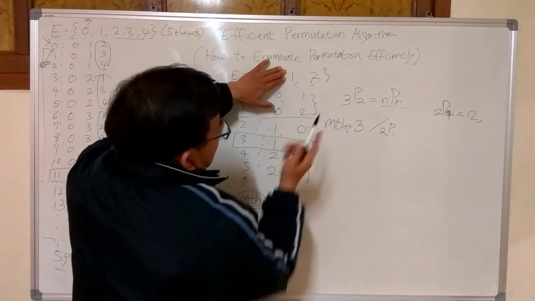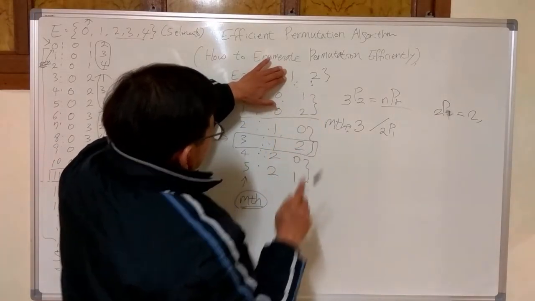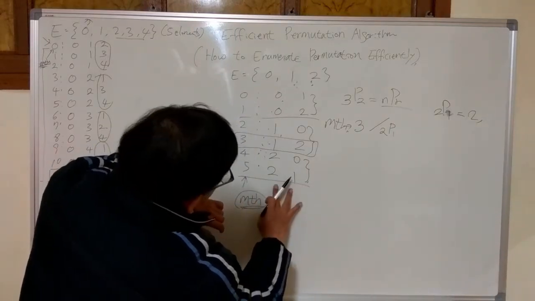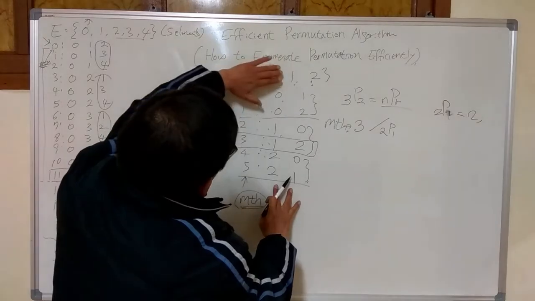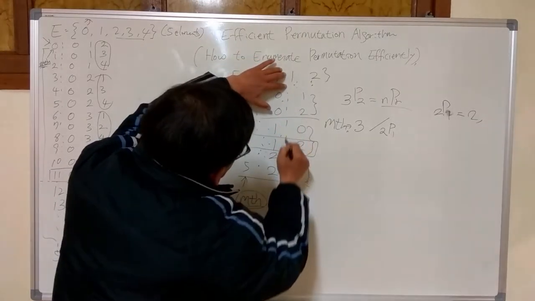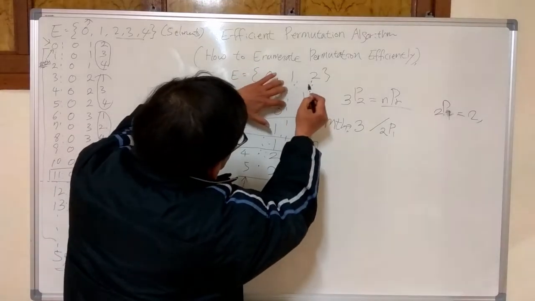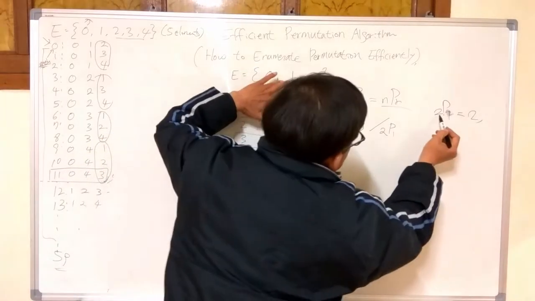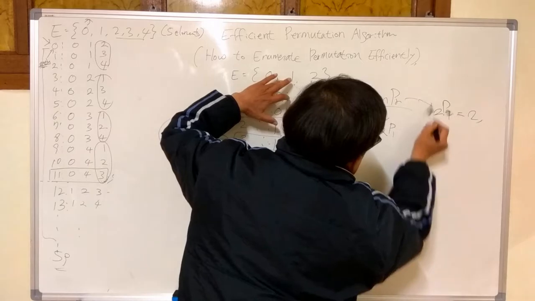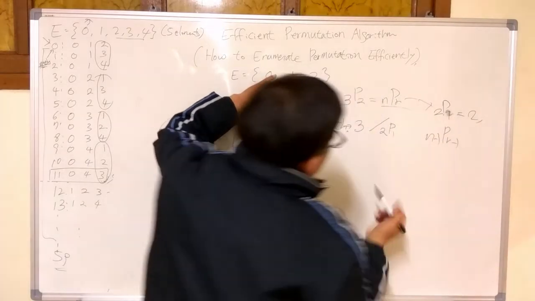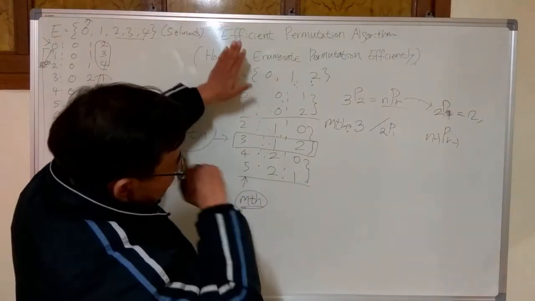From two elements, we have to choose one, because in this set we are going to choose two elements, right? From this set, if we choose one element, this is the first element, then we are left with two elements. So this number can be represented as P(n-1, r-1), because we choose one.